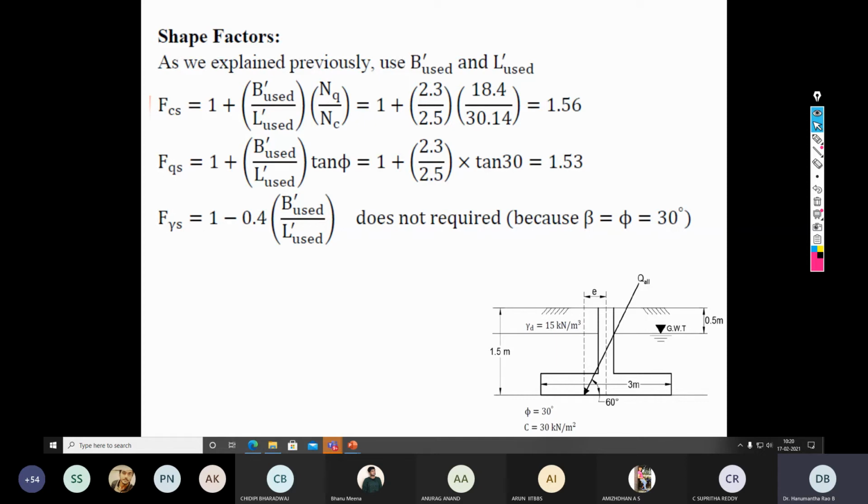So those who have not done, please note down the calculation of shape factors, FCS, FQS and F gamma S.